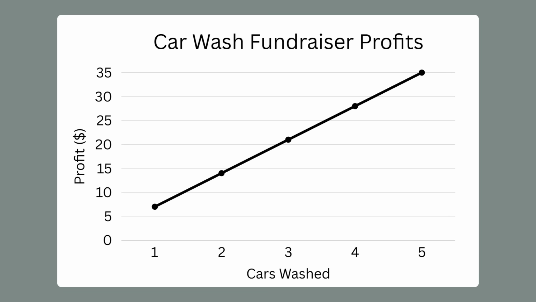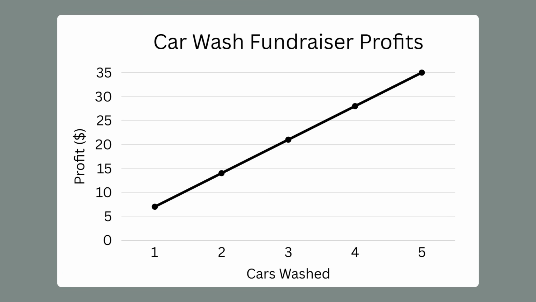So here's our first example. This is a simple graph showing some car wash fundraiser profits. So we're having a car wash, and the number of cars washed is on our x-axis. That's our independent variable. Maybe we've set a goal for ourselves to wash a certain number of cars. The y-axis then is going to show the dependent variable, or in this case, the profit.